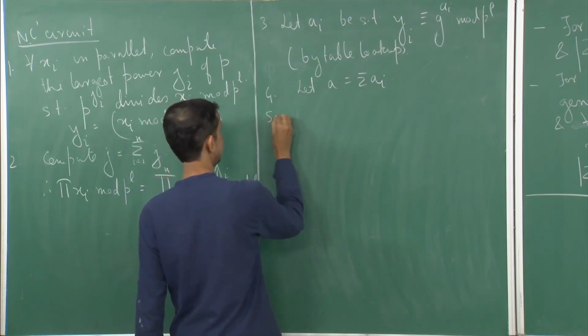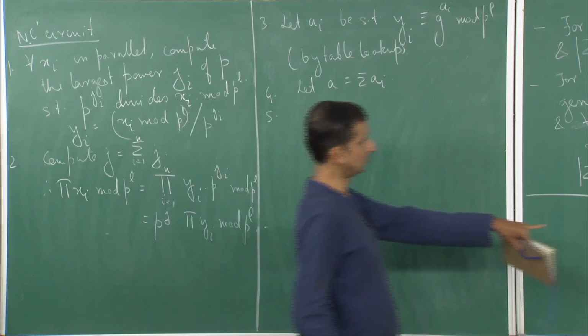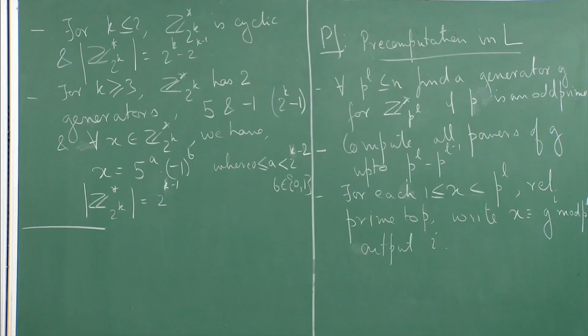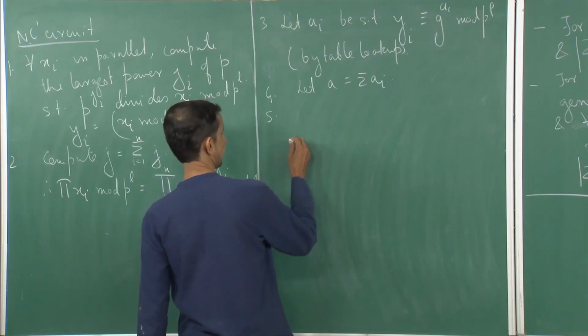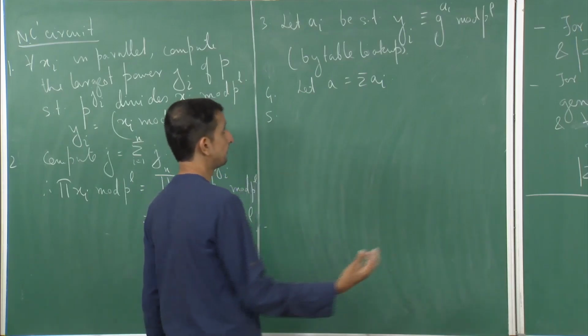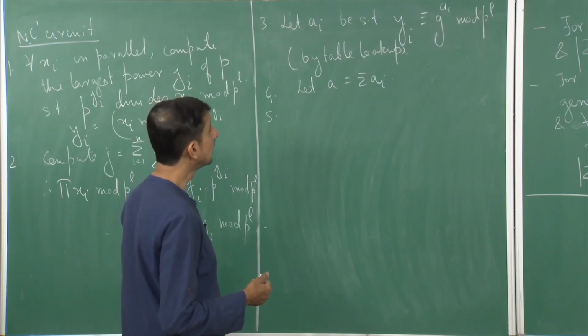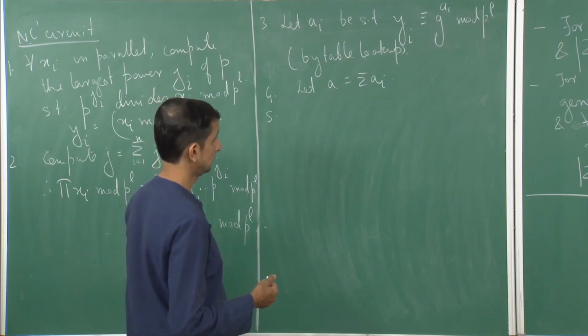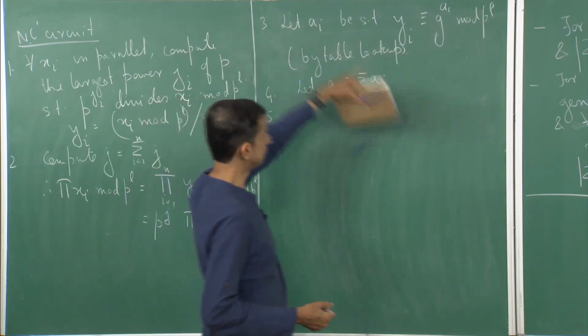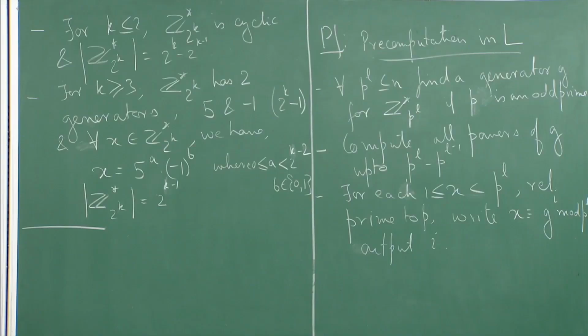Next what we do is an inverse table lookup. So now we look up this table and find out the value for which g to the power... no. So here actually we are looking up this table. Now we look up the previous table.